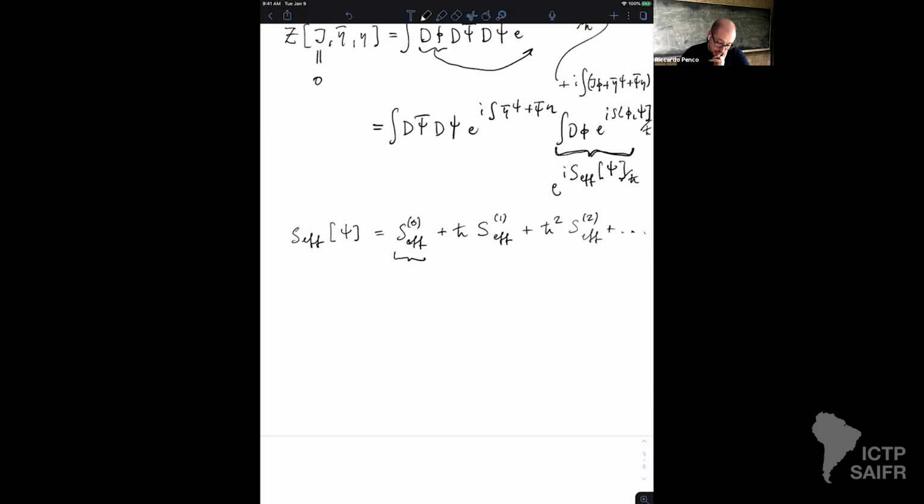So that is to say that essentially you calculate this integral by replacing phi with a solution to the equation of motion for psi.